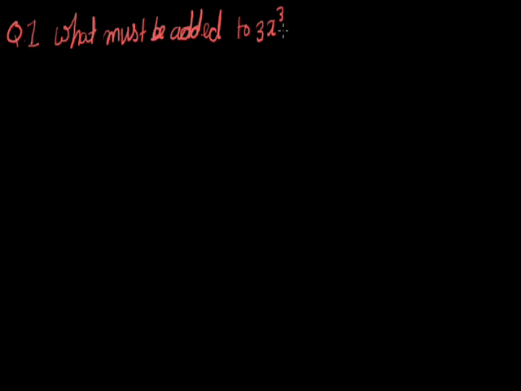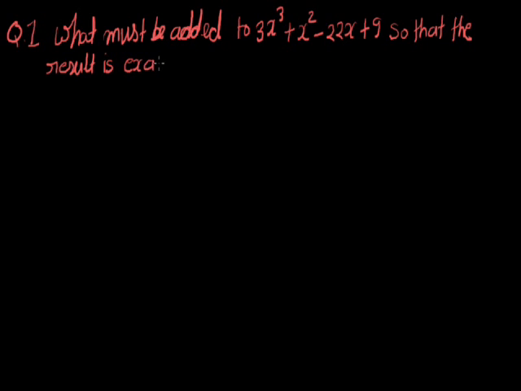Okay, question is, what must be added to 3x cube plus x square minus 22x plus 9 so that the result is exactly divisible by 3x square plus 7x minus 6?